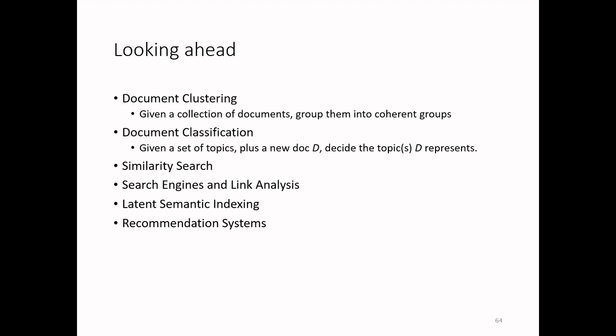Then there is a technique called latent semantic indexing or embedded word representation of documents and all that. So we'll look at some of those things. And also we'll talk about recommendation systems. For example, how does Netflix recommend films based on your previous history as well as based on your profile? So some of those topics we'll be considering in future.